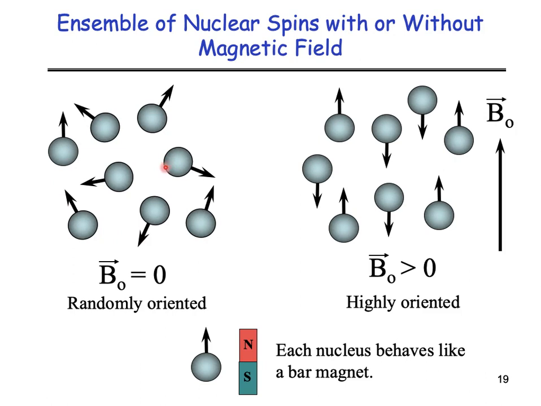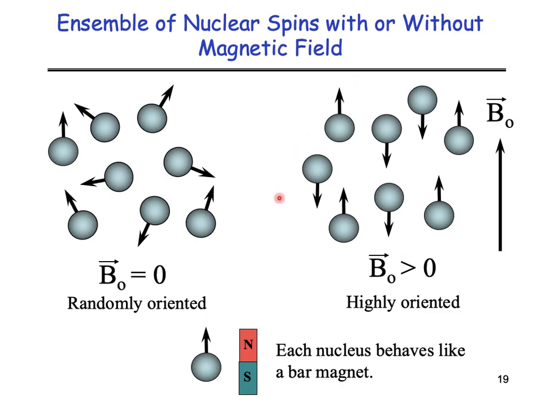If the nuclei are placed under a strong magnetic field, that is, B naught is greater than 0, then these nuclei will be oriented toward the magnetic field or against the magnetic field. Before placing the sample into the NMR spectrometer, the orientation of the nuclei is random.